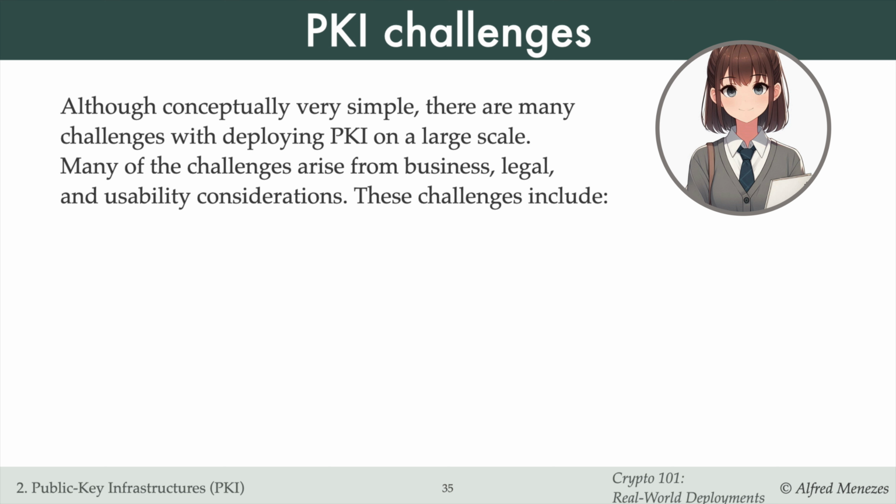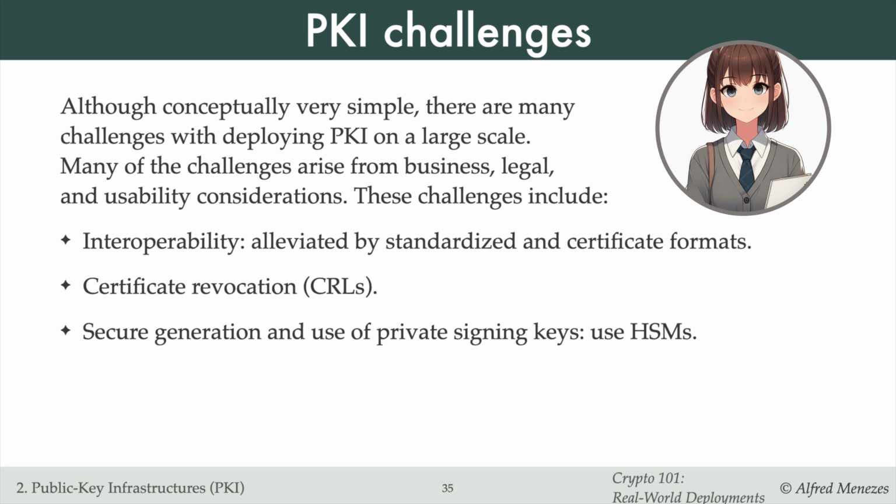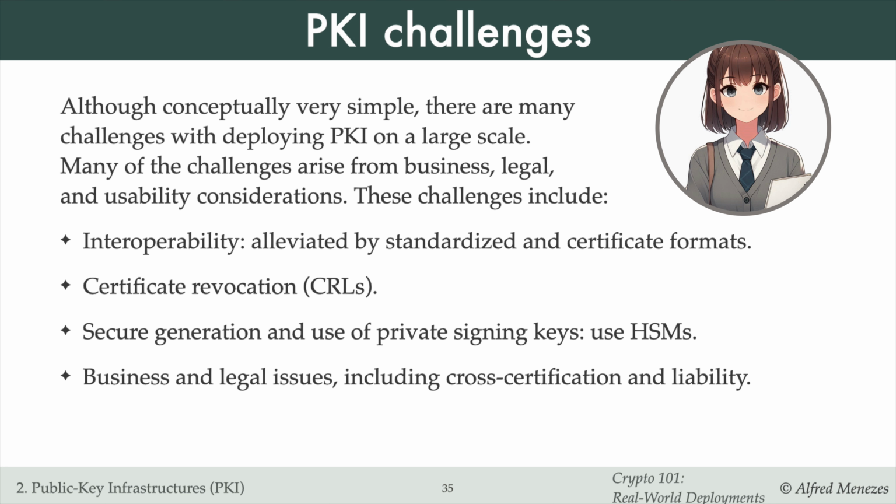Many of these challenges stem from business, legal, and usability considerations, including interoperability, which can be improved through standardized and flexible certificate formats, managing certificate revocation lists to handle compromised certificates, using hardware security modules to securely generate and use CA private signing keys, business and liability concerns associated with cross-certification between CAs, and the transition to quantum-safe cryptographic algorithms, a process that is already underway.